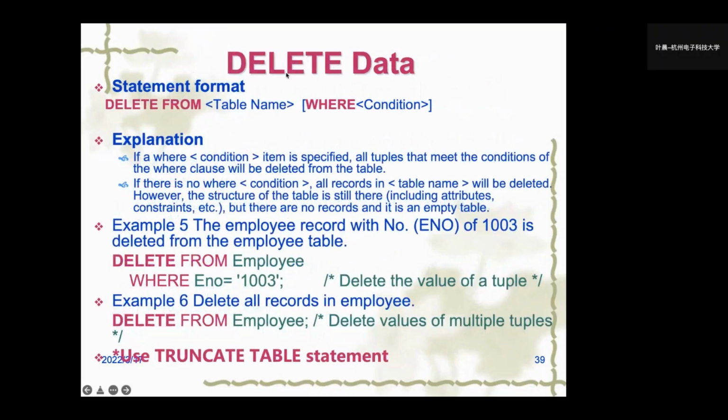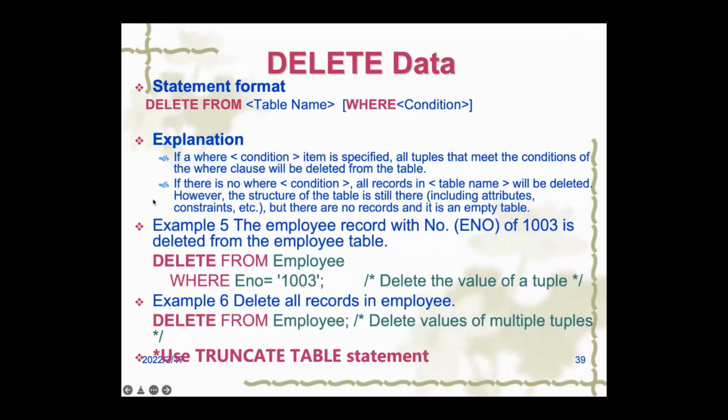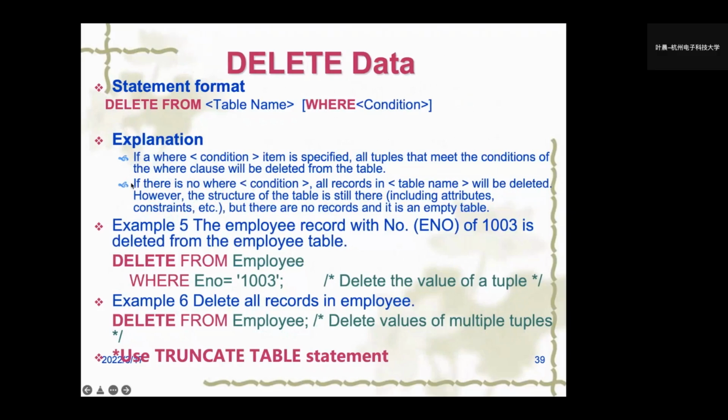And the statement format of delete data is here. We need to specify the table name from which you want to delete data, and we need to give the condition. So its explanation is that if the where condition item is specified, all the tuples that meet the condition of the where clause will be deleted from the table.